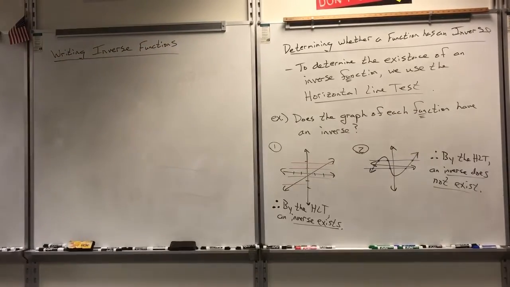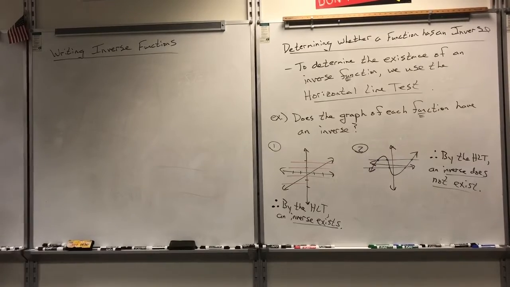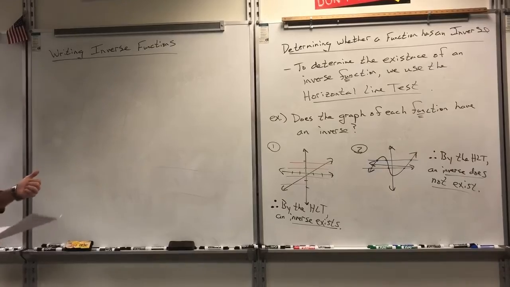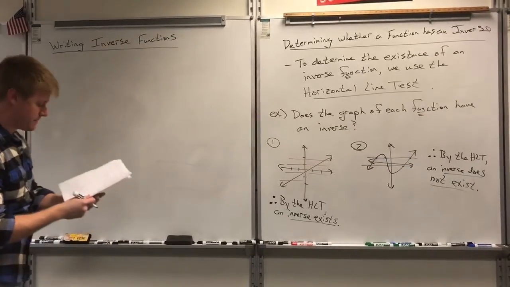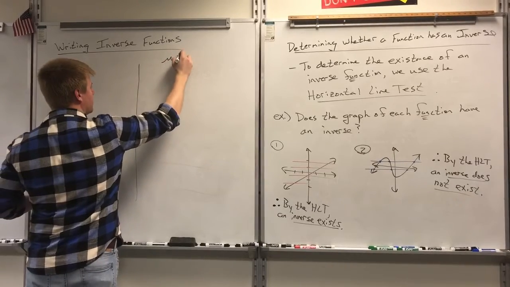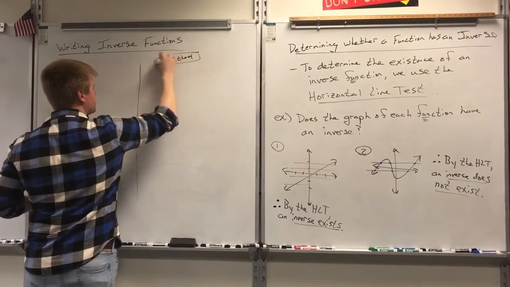Okay. So how do we write inverse functions? And what I'm going to do on this board here, down the left side, is an example of one following a step-by-step method. Therefore, how do we write the equation of an inverse?